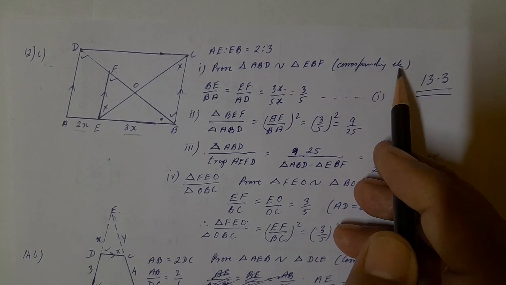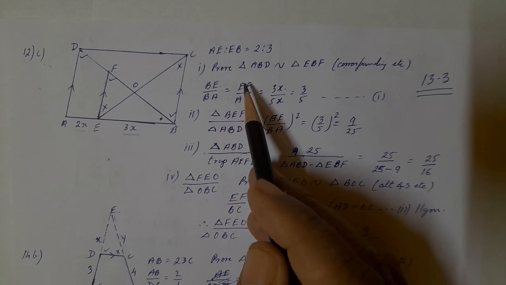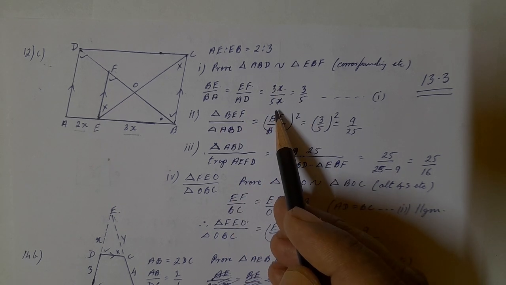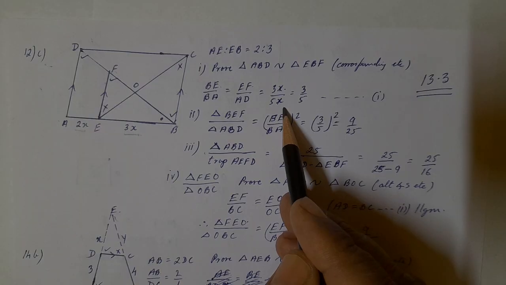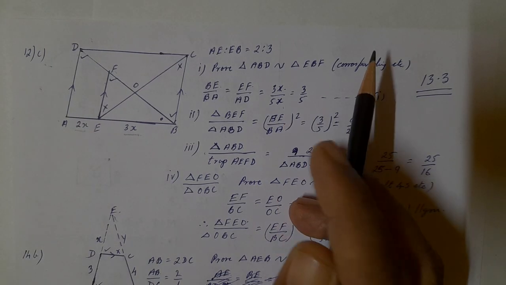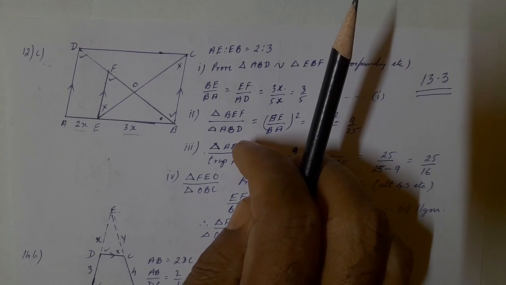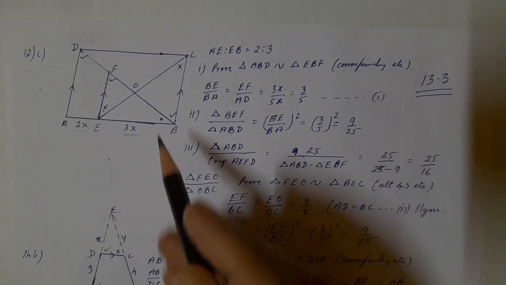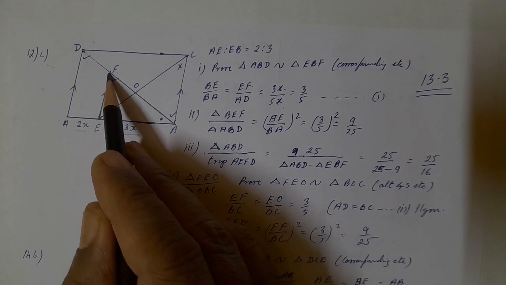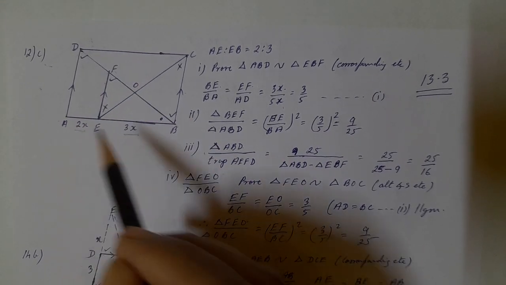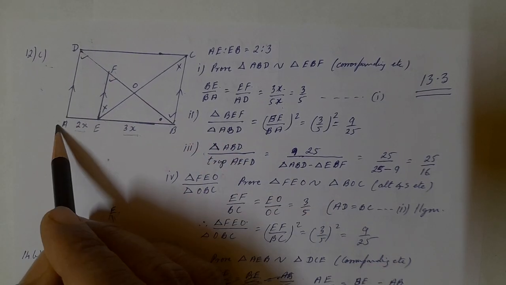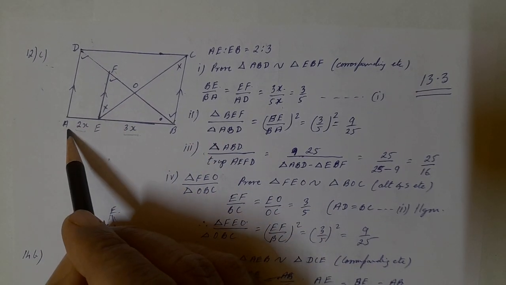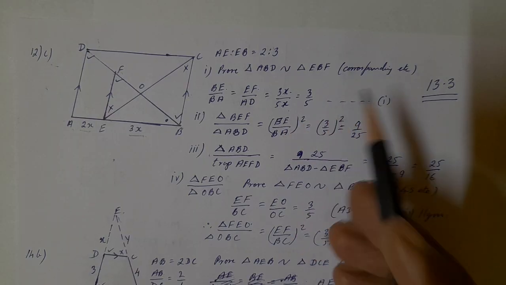Then you write the ratio, and there you will get a ratio 3 is to 5, 3x is to 5x. What is your question? To find out EF is to AD. EF comes in this part over here, 3x, and AD comes for the big one, so 3x by 5x. Cancel, 3 by 5.